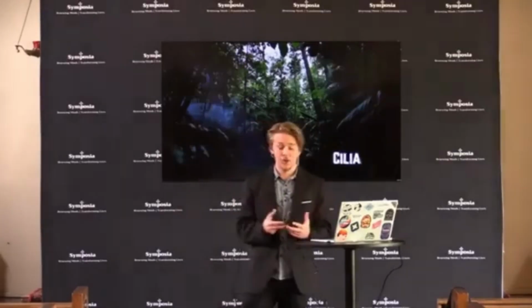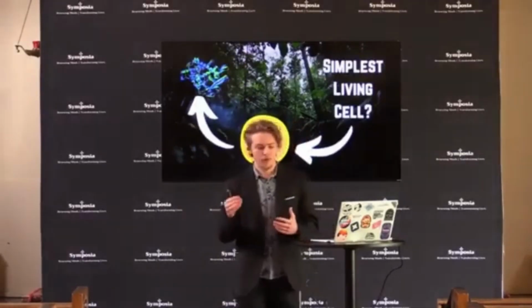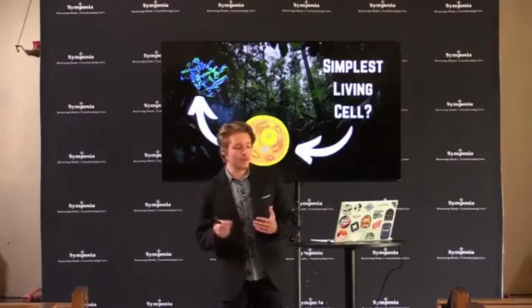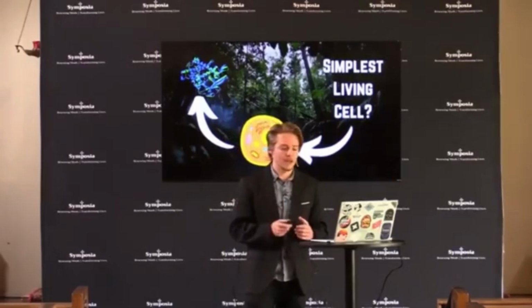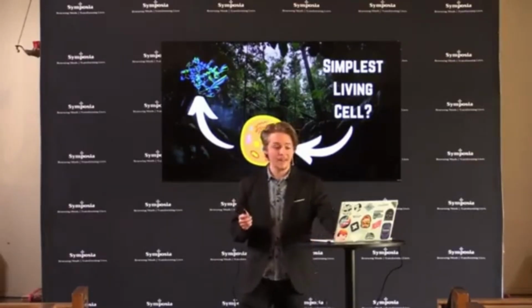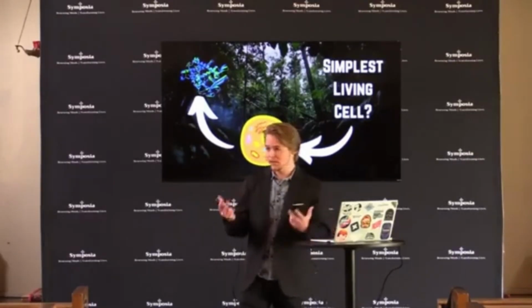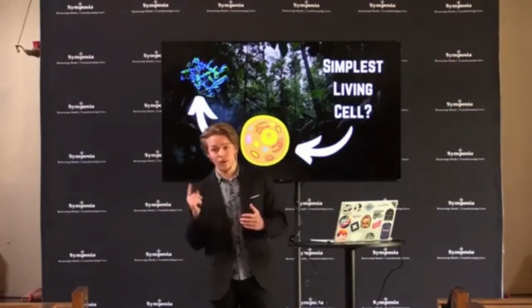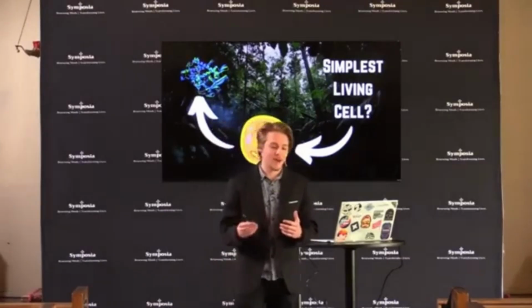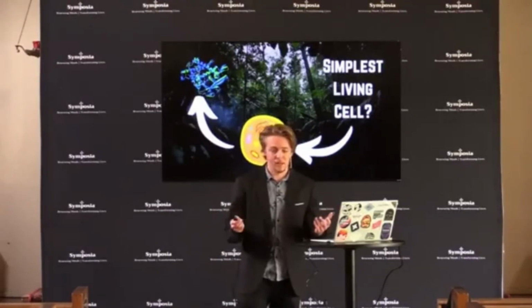Now, it's been determined what the minimally complex cell would require, and it would require about 250 proteins bonded just right, each composed of about 150 amino acids. Now, what is the probability of getting one of these simplest living cells from a prebiotic soup? It's been calculated to be just 1 chance in 10 to the 41,000th power. What does that look like?